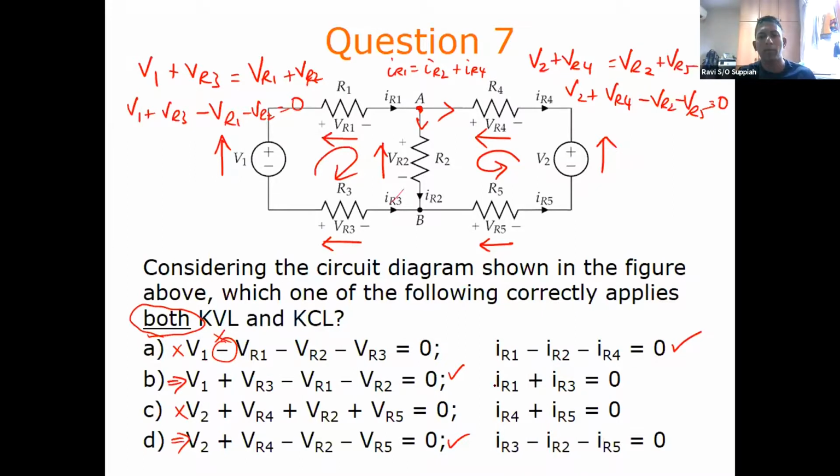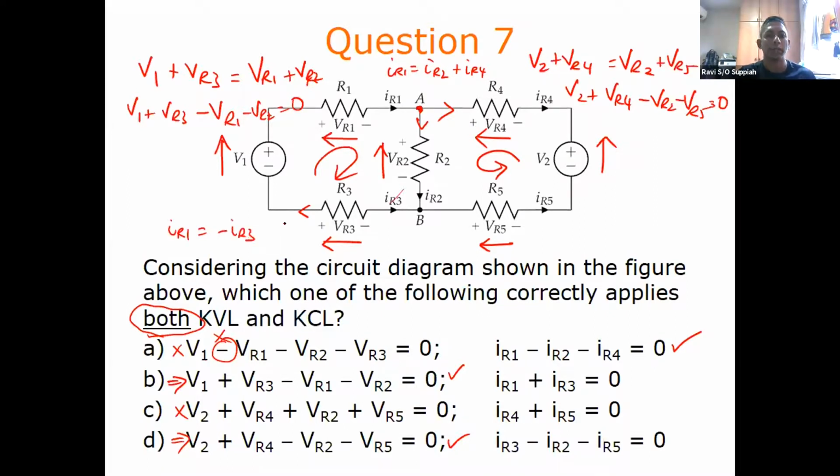How about this one? IR1 plus IR3 equals to 0. Okay, where is IR1? IR1 is this, and IR3 is this. So if IR1 is coming this way, IR3 is supposed to go this way, correct? So effectively IR1 is in this direction, IR3 is written in the opposite direction. That means IR1 is the same as negative IR3, correct?